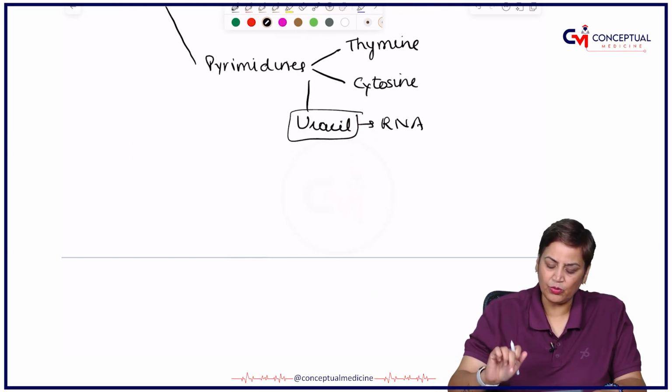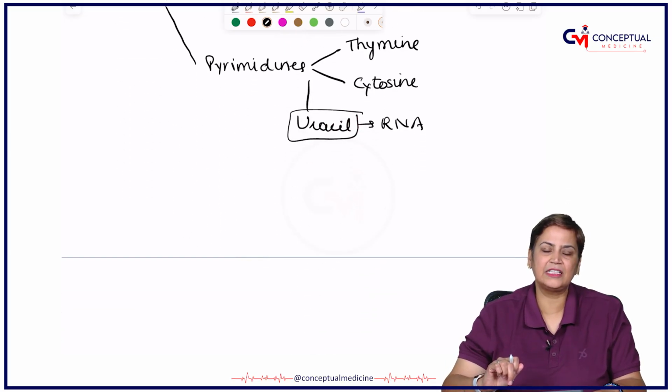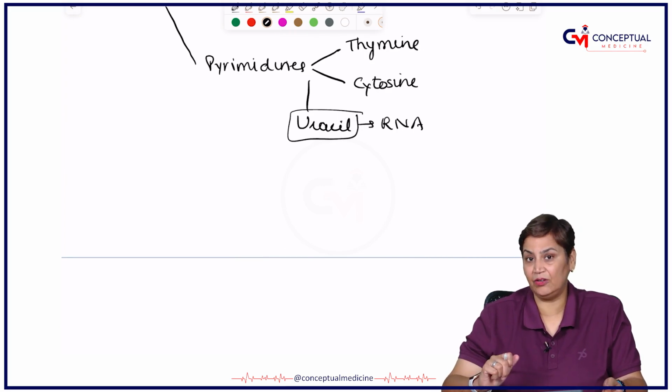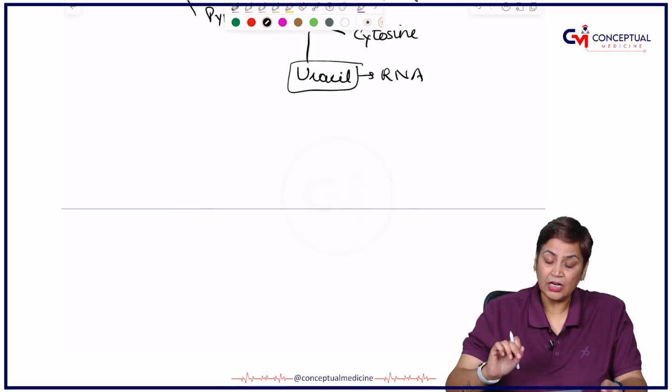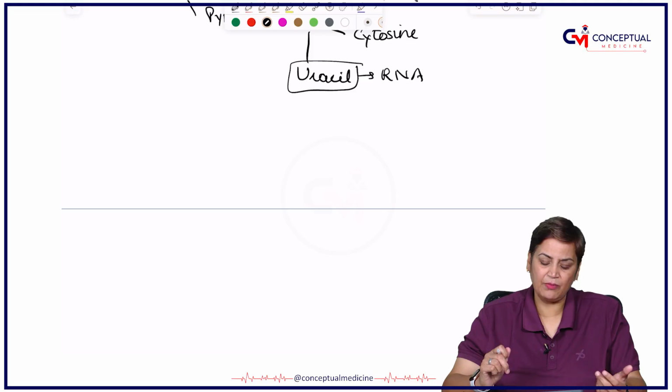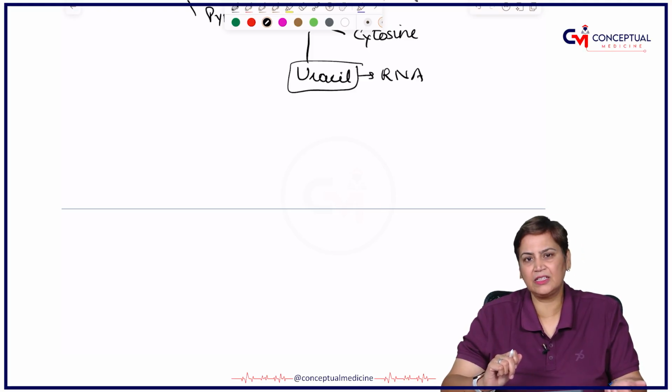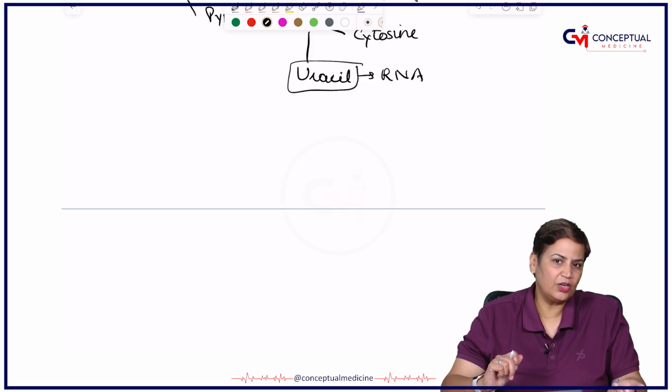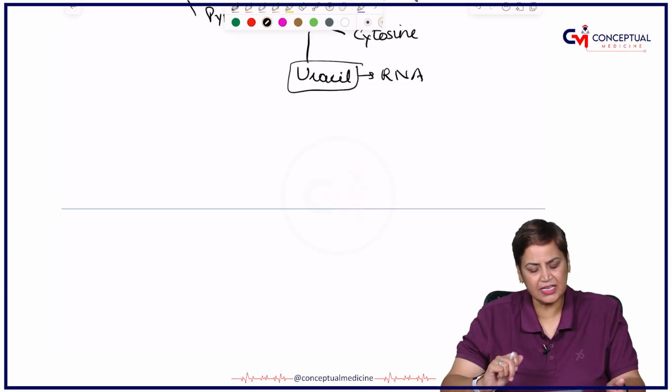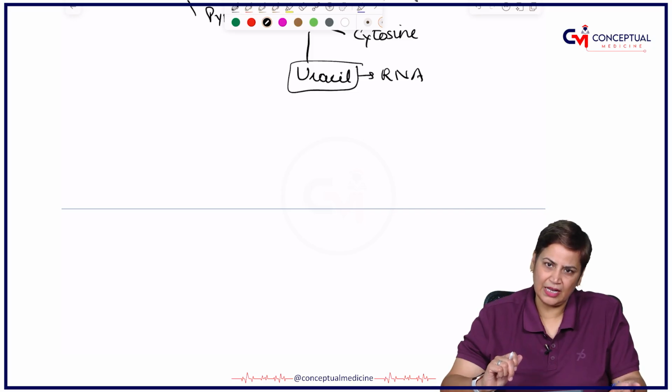We all know that purines and pyrimidines are synthesized by a de novo pathway and a salvage pathway. In our previous videos we have discussed already what is a de novo pathway, what is the salvage pathway, and how these purines or pyrimidines are synthesized, how they are catabolized, how they are utilized in the body.